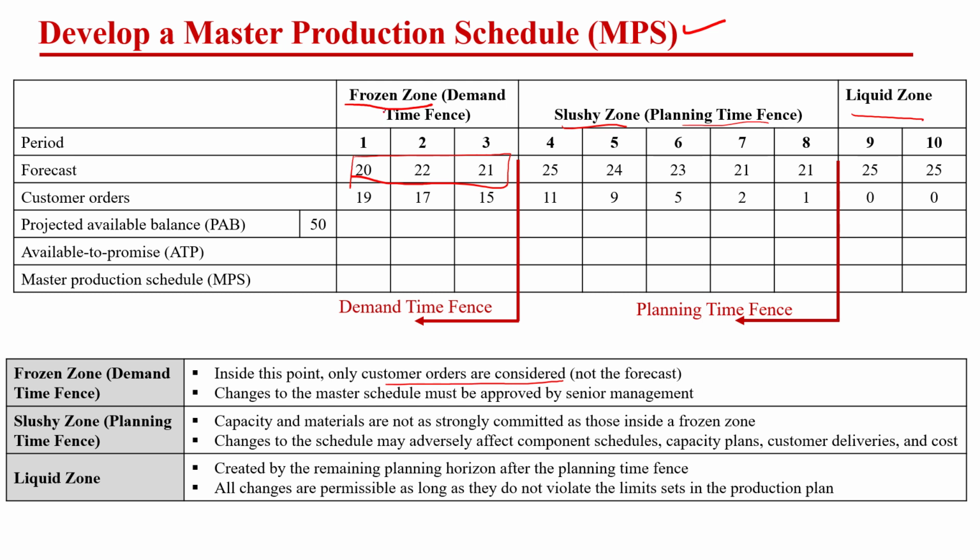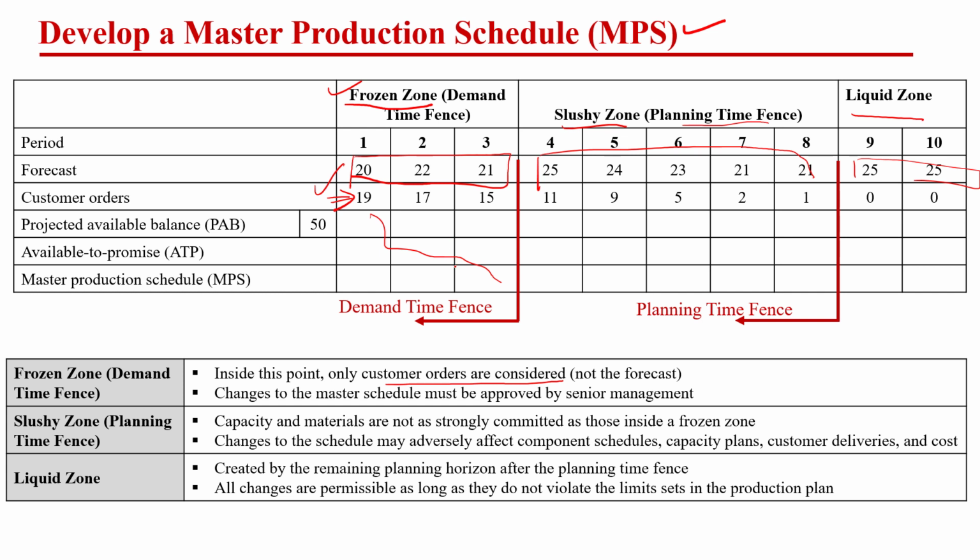In order to develop the master production schedule in the frozen zone, we always consider the confirmed orders, whereas in this planning time fence or slushy zone, we use the forecasted demand, as well as in the liquid zone. Because in this time zone, we are not going to change our master production schedule as well as the inventories.